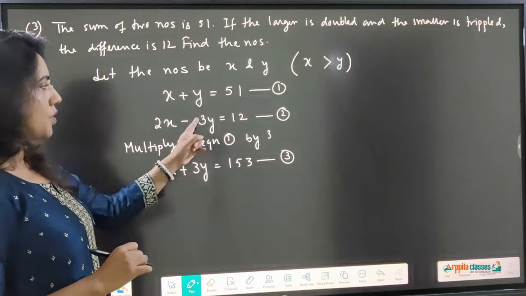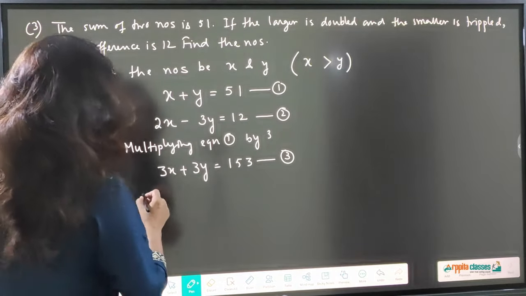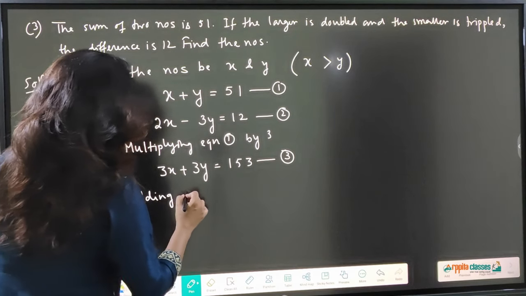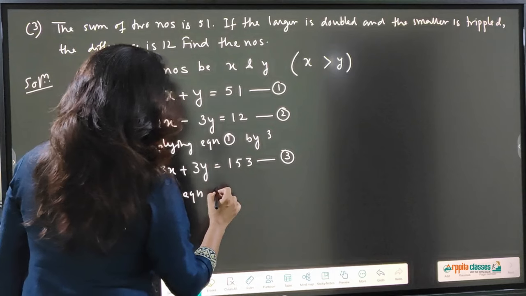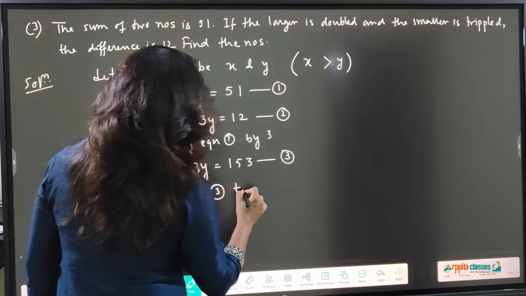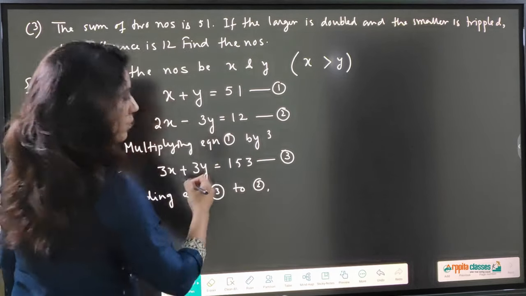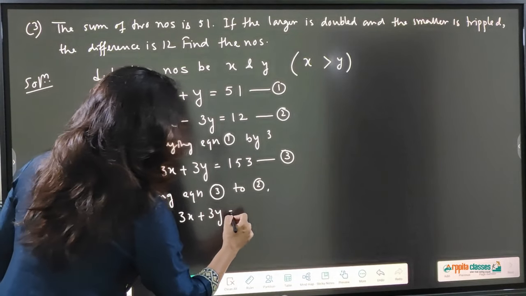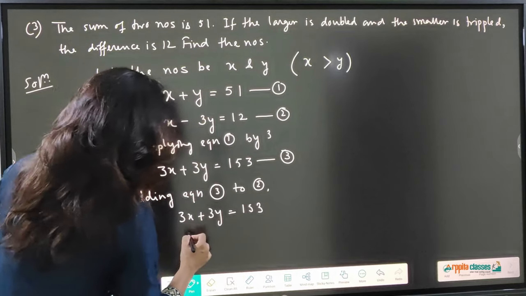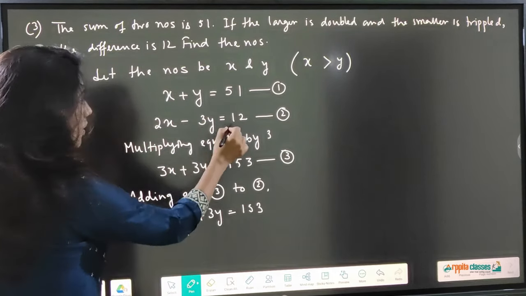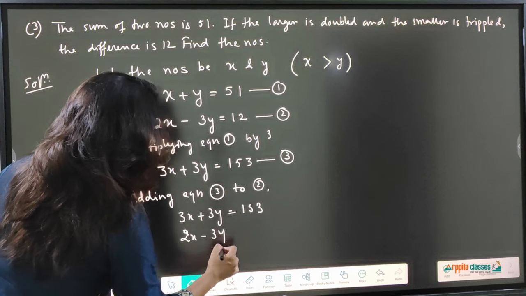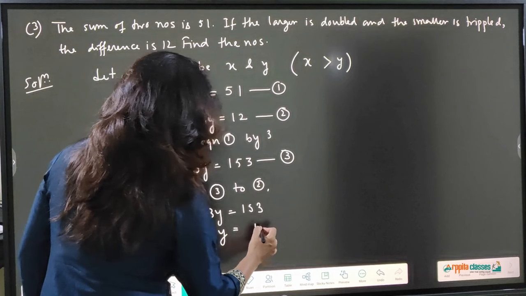After that, this is 3y and this is minus 3y, so I'll add the two equations, adding equation 3 to 2. So first I'll write equation 3, 3x plus 3y is 153, and equation 2 is 2x minus 3y is equal to 12.